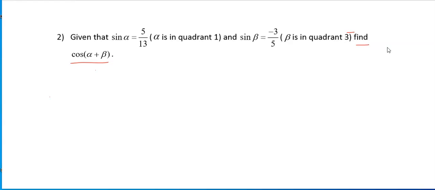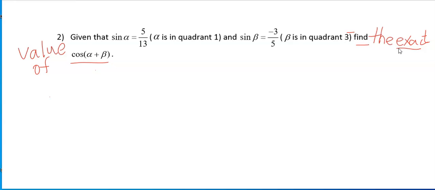I'll usually say find the exact, E-X-A-C-T, exact value of cosine alpha plus beta. So that means no decimals, no approximations. You don't actually calculate angle alpha, even though you could, and you don't actually calculate angle beta, even though you could. All right, so that's not the way this works.